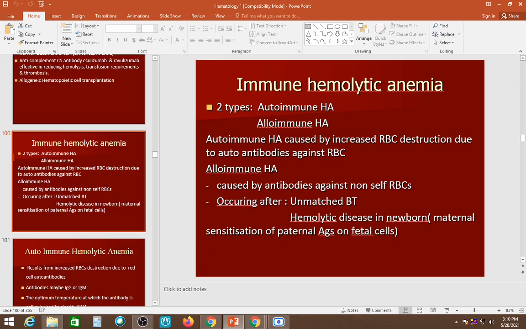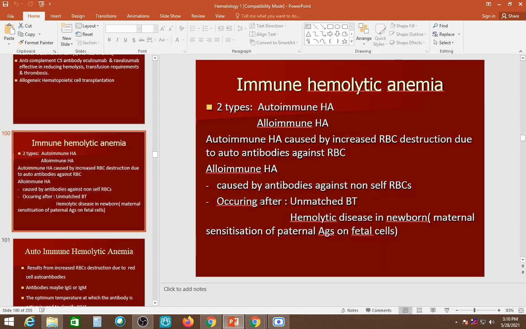Under the intracorpuscular defect, we divide into acquired and familial. Familial, hereditary or acquired. Under hereditary, we talk about enzyme defects, membrane defects, and the hemoglobinopathies, right? And under the acquired, we talk about paroxysmal nocturnal hemoglobinuria.